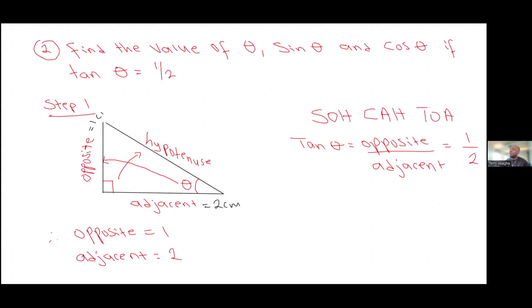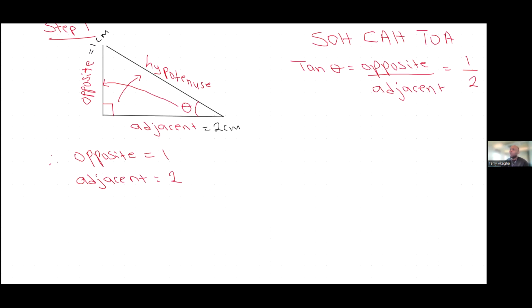So I can redraw this triangle again, if I want to make it clearer, and it will make more sense to you now. So this is exactly the triangle that the writer had in mind. If this is theta, this is going to be 2 centimeter.